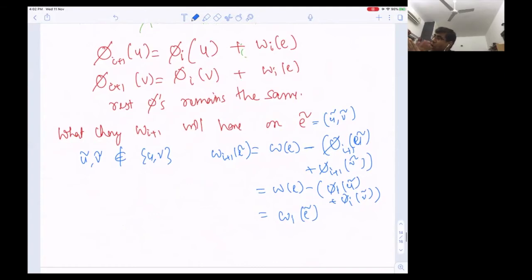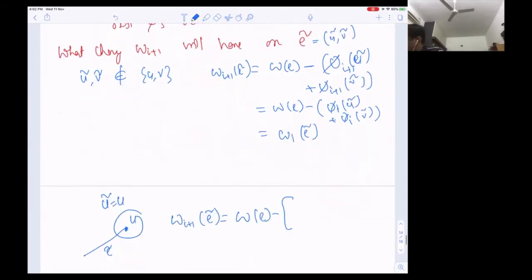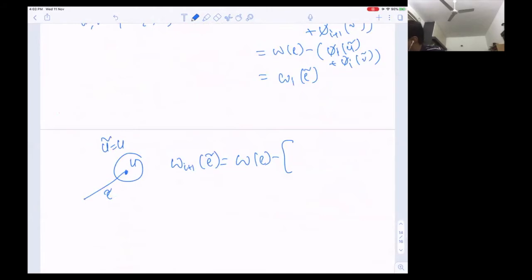It means all the edges incident to UV will now lose their current weight by the W change which we have added.